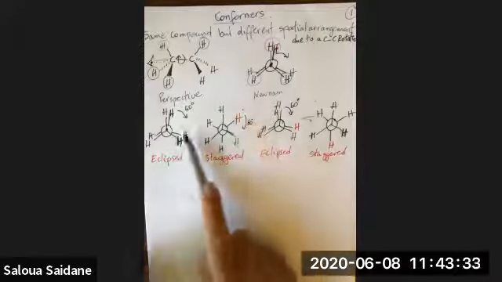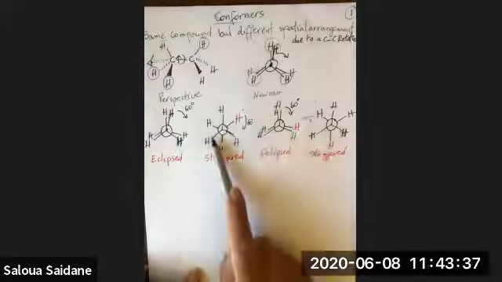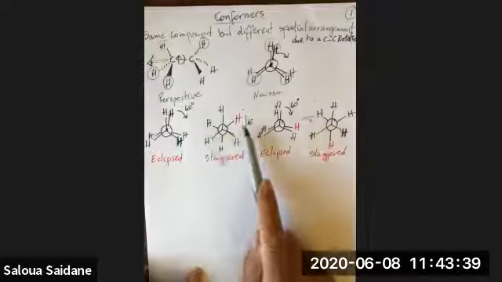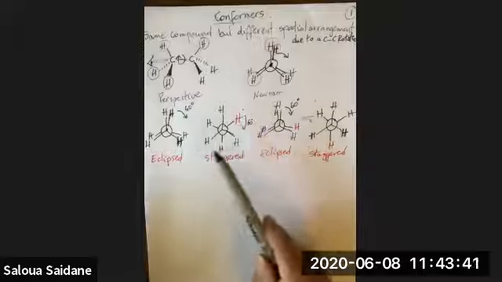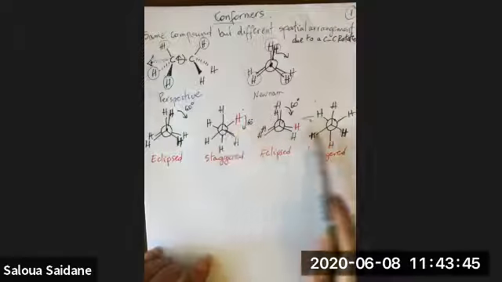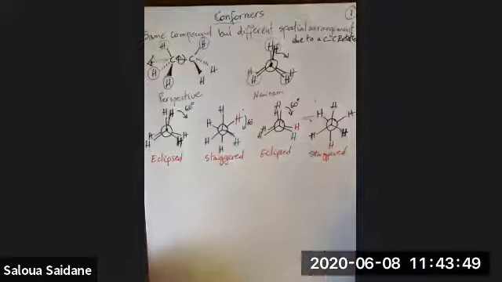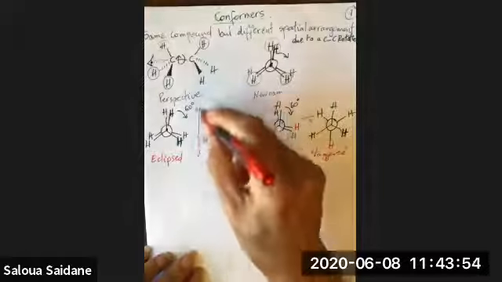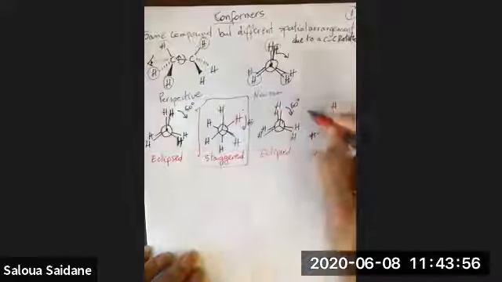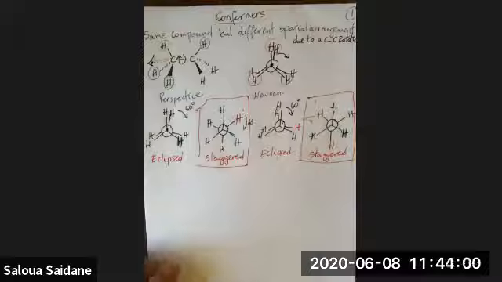So it is clearer that the staggered structures are more stable because the atoms are not in each other's path. They're not too close to each other. These staggered positions have atoms that are as far as possible from each other, so these are the most stable. Every staggered position is very stable, and every eclipsed is less stable.